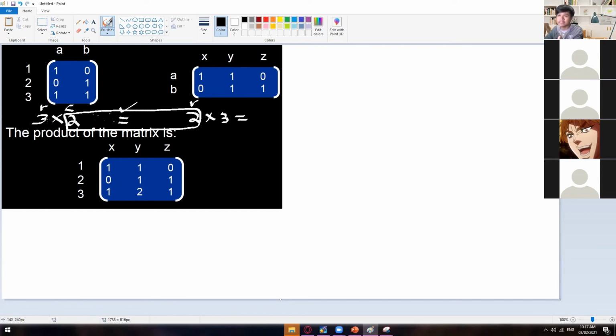All you do is multiply the row of the first matrix to the column of the second matrix. So as you can see, 3 times 3 is equal to 9, or 3 by 3, or the size of your product is 3 by 3, which is now this one. So 3 rows and then 3 columns.